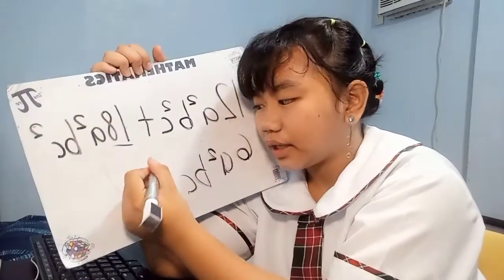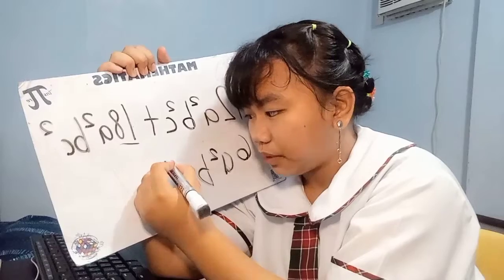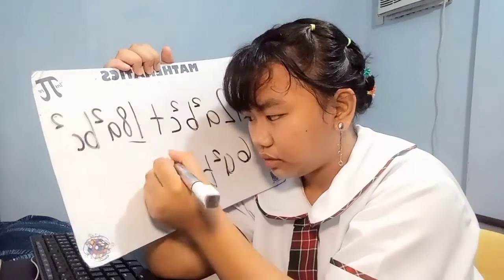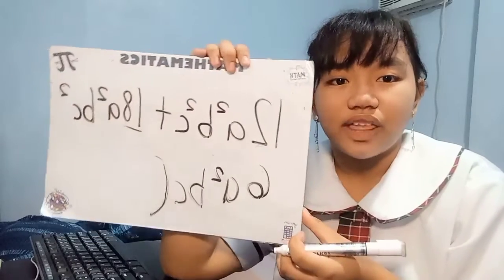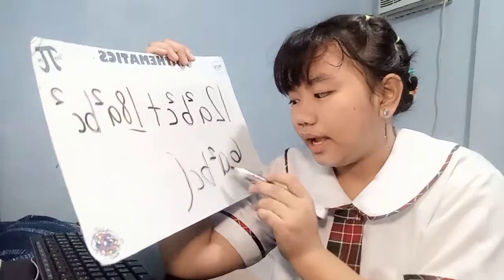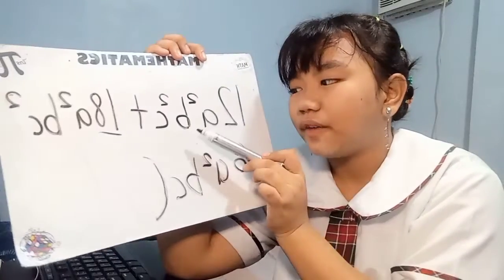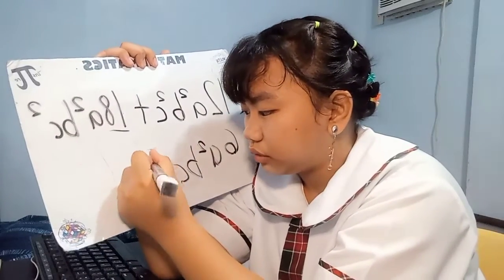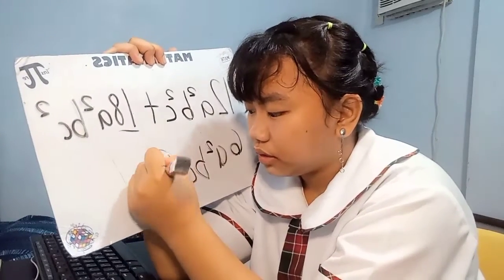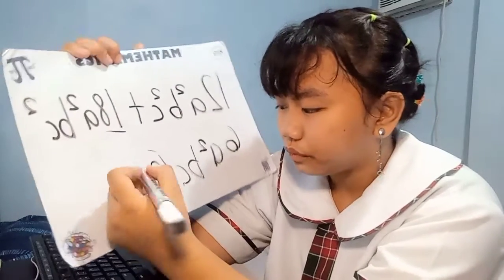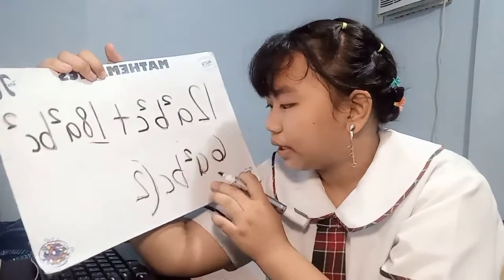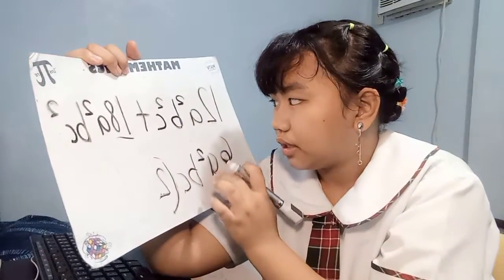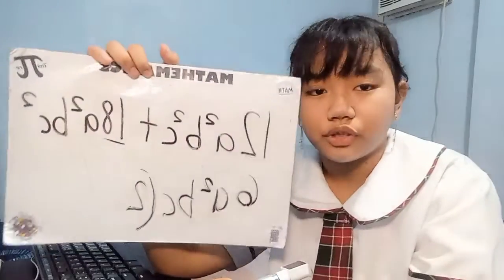We're going to write a parenthesis. And we're going to divide these two terms here by our GCF. So 12 divided by 6 is 2. 2, a squared and a squared, di na natin yun isusulat because they're common.